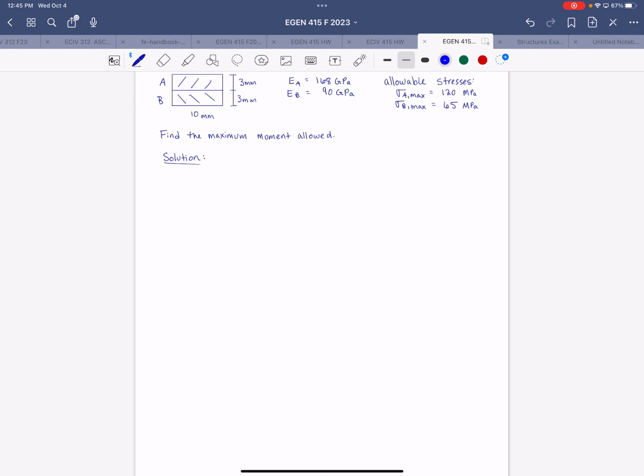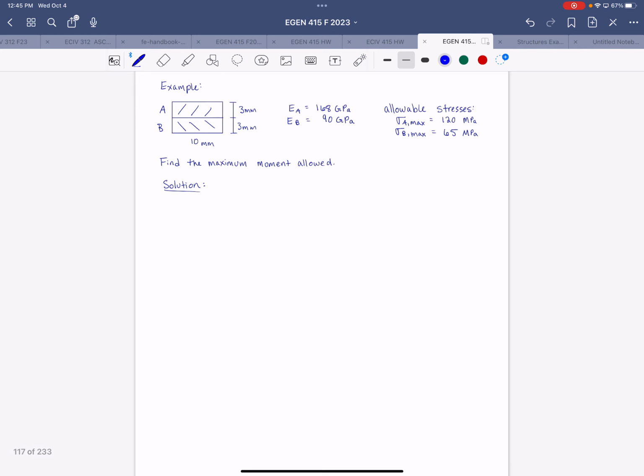So first of all, we need to locate that neutral axis, right? So we'll just recognize that the 2 cross-sectional areas are the same. So we'll simplify our notations with just calling them both A. And then to locate that neutral axis, we'll have A times EA times Y bar A plus A times EB times Y bar B divided by area times EA plus EB.